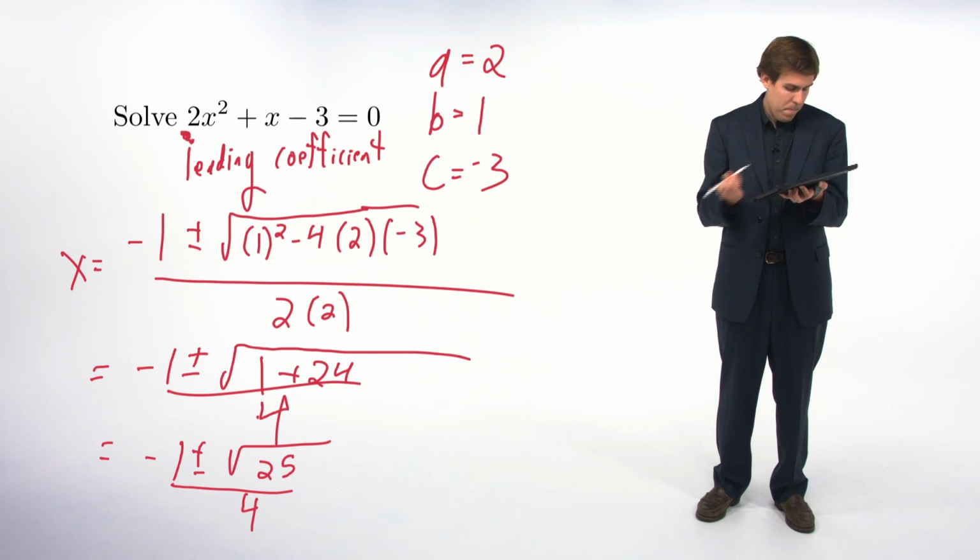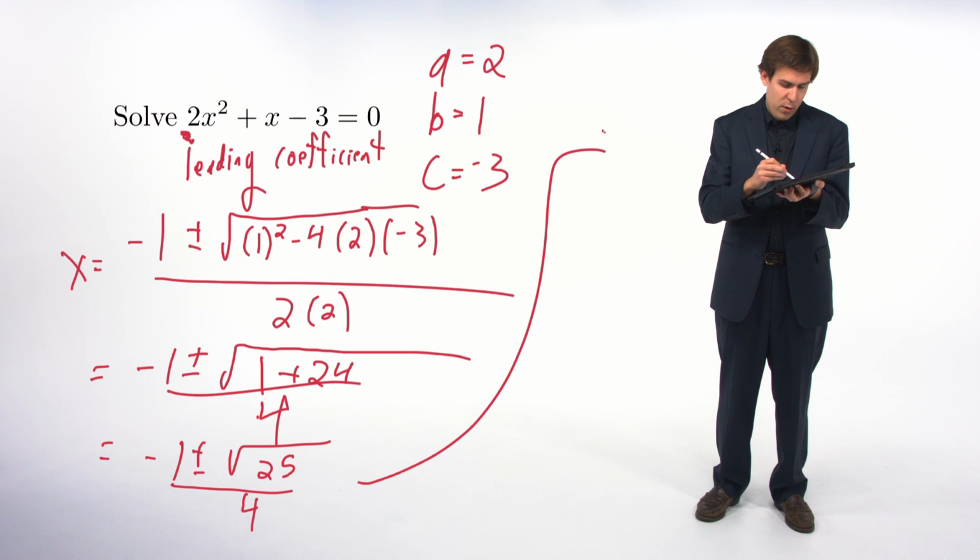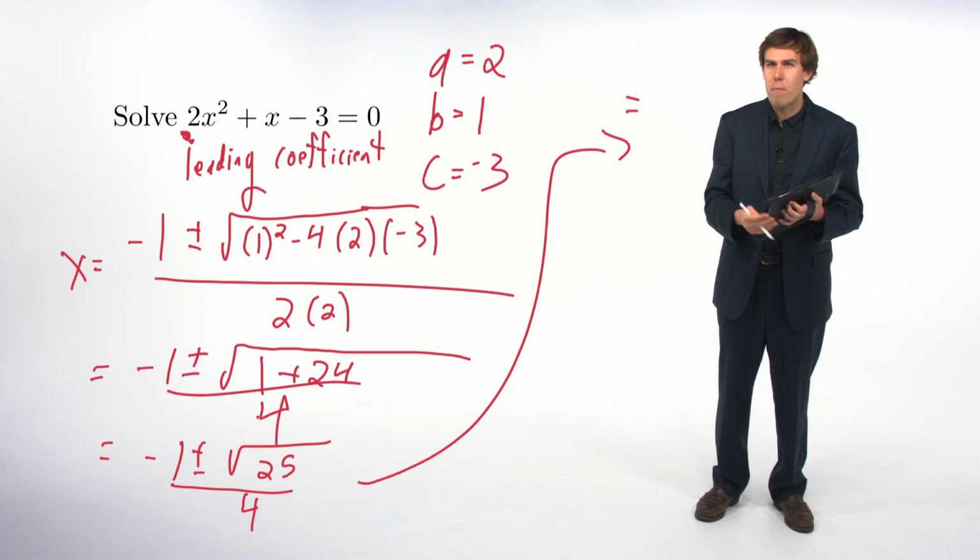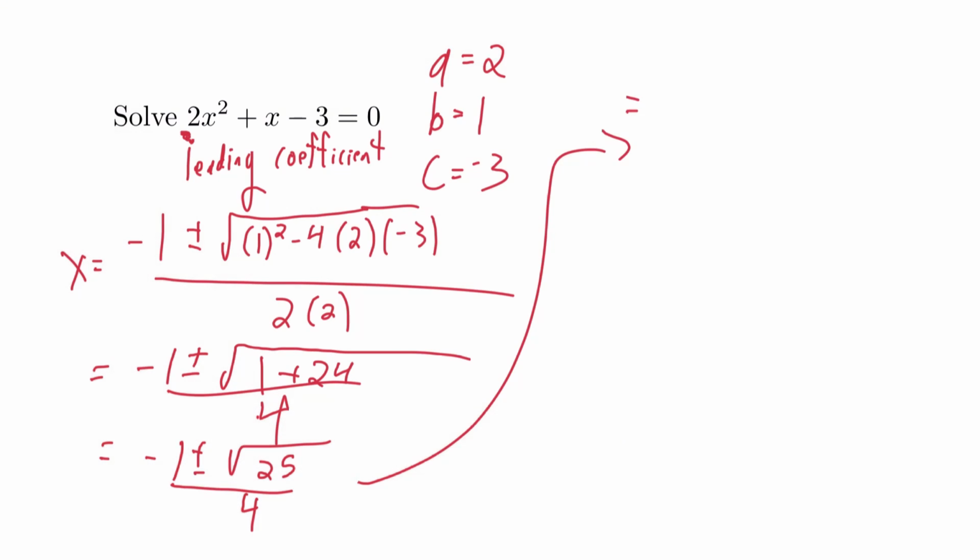Divided by 4. Let's continue over here. And then it's good to remember your perfect squares. So things that have square roots, when I take the square root, I get an integer back, a whole number. So in this case, we know that square root of 25 is 5, and then I divide by 4.